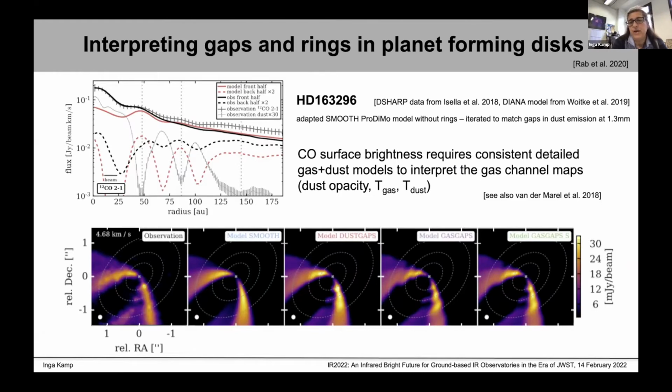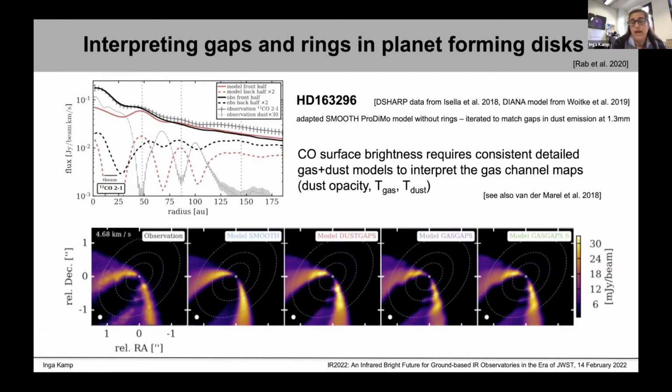We used the DSHARP data from Andrea Isella's paper, and we modulated our dust surface density in such a way that it matches the dust emission that has been seen for this object, so the rings and gaps in this disk. What we were interested in is trying to assess whether or not the gas also shows gaps.